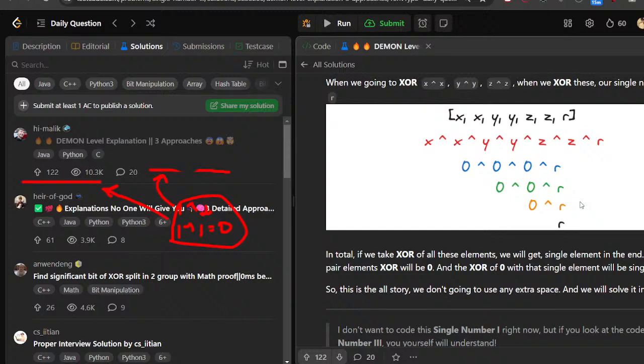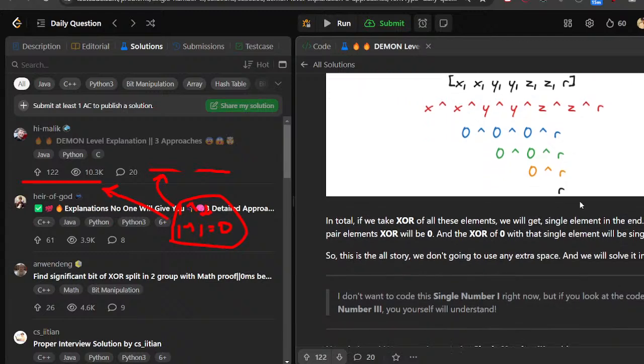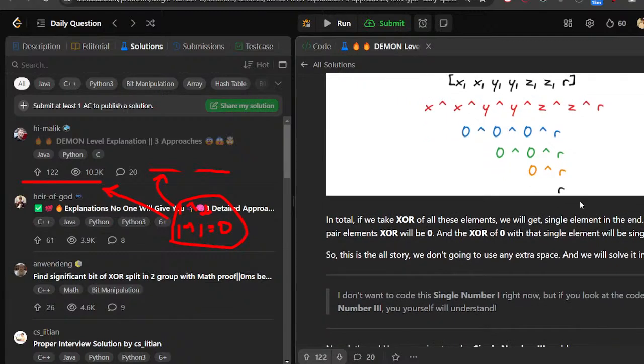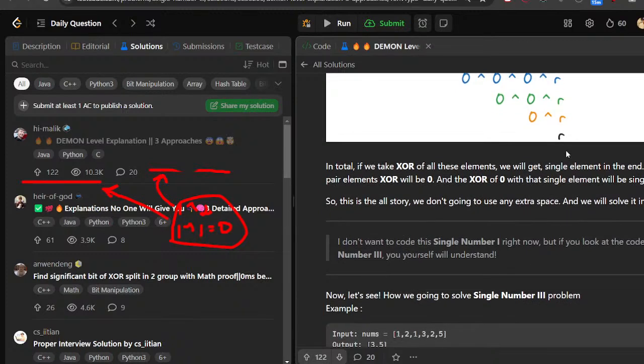If in total we take the XOR of these elements we get the single element in the end, because the XOR of a pair will be 0, and the XOR of 0 with the single element will be the single element itself. XOR of 0 with anything will be the element itself. This is something new I learned. I do not want to code this Single Number 1 right now.